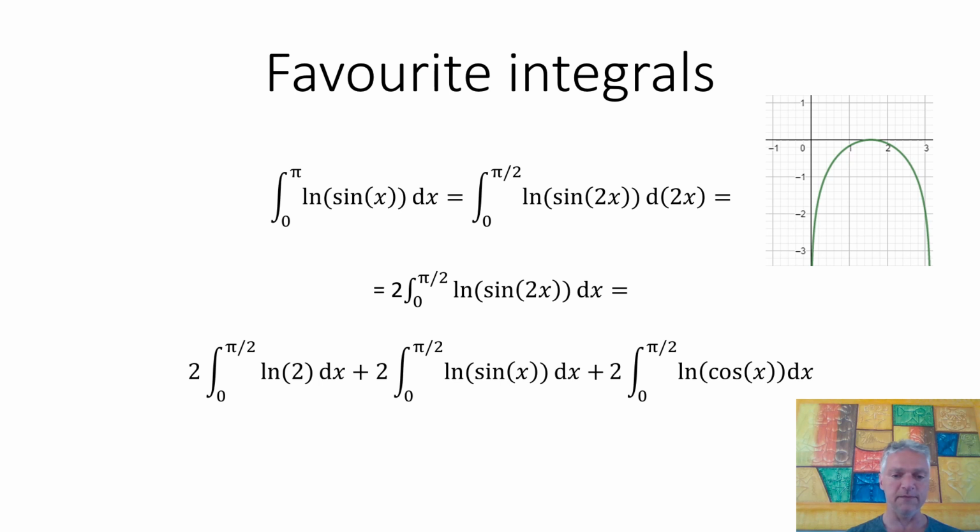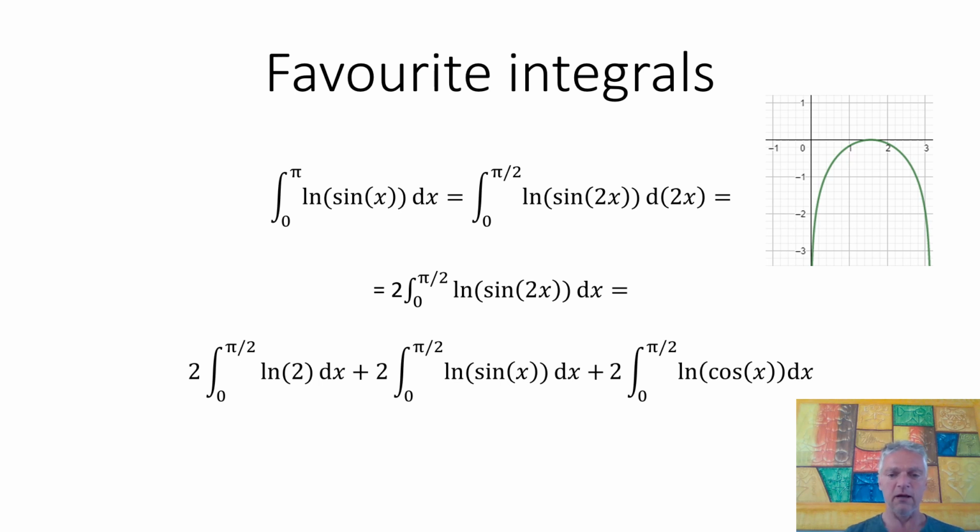Now we've got 2 times the integral where x is running from 0 to pi divided by 2 of the logarithm of the sine, and the same for the logarithm of the cosine. Now, of course, we know that the cosine takes on exactly the same values as the sine in the region between 0 and pi divided by 2, albeit in a different direction, because the cosine equals the sine of pi divided by 2 minus the variable.